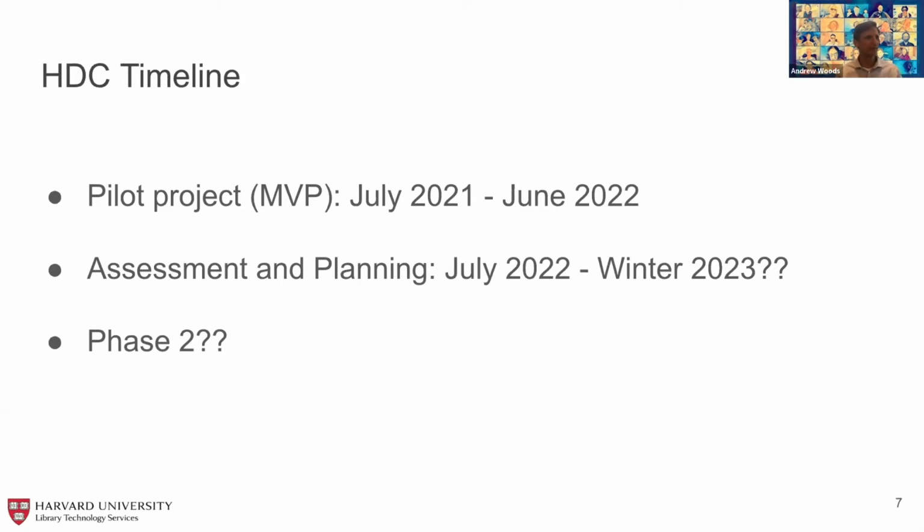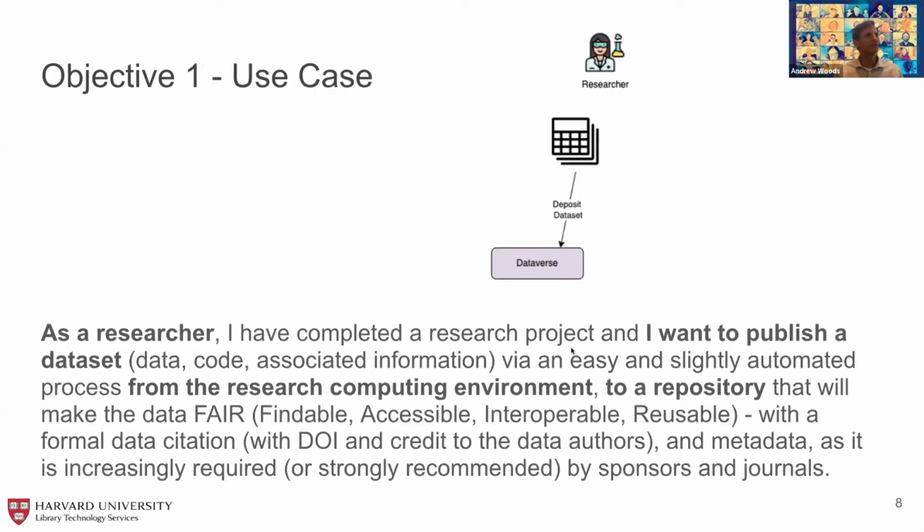I don't know if it goes into the fall or into the winter, but not too far out, that planning will have taken place, that strategy has been defined, and then we will move into phase 2. So, a general timeline there.